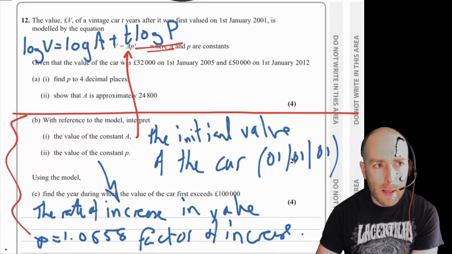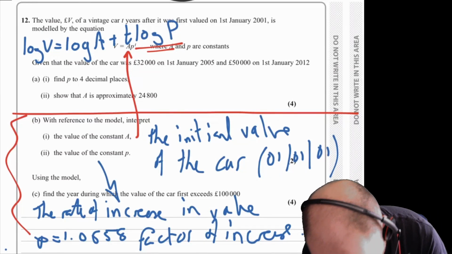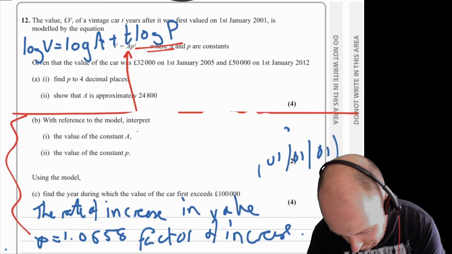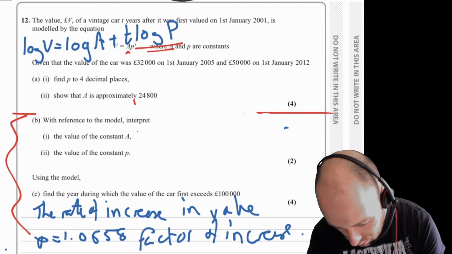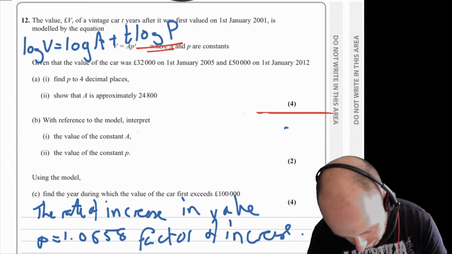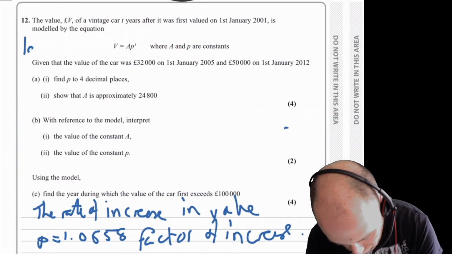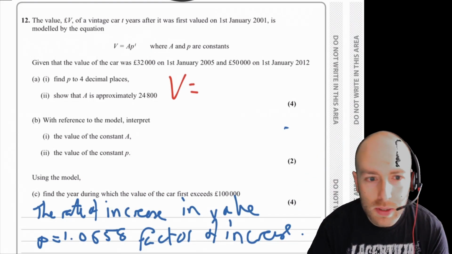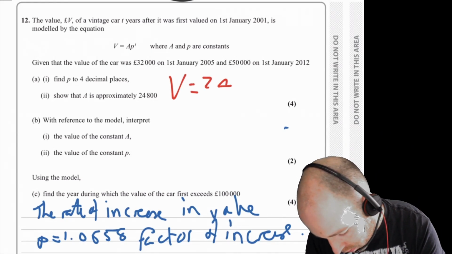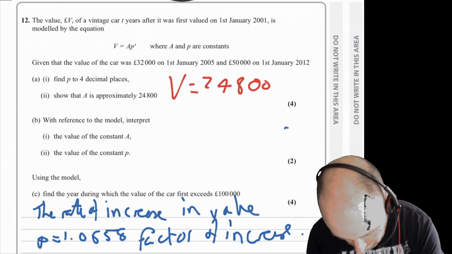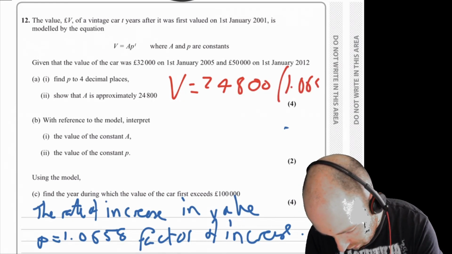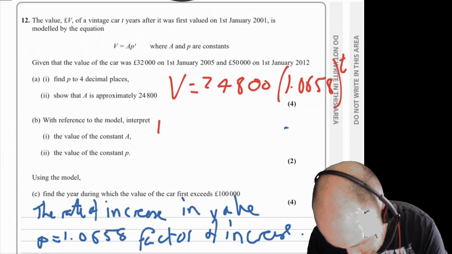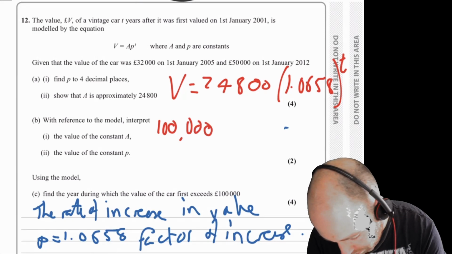Cool. All right. So the last bit, using the model, find the year during which it first exceeds 100,000. So if I write down the model again, we got V equals A, which was 24,800, times P, which is 1.0658 to the power T. We want to find T when the value is greater than 100,000.